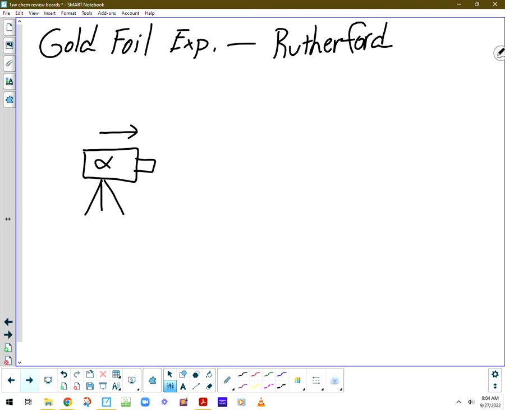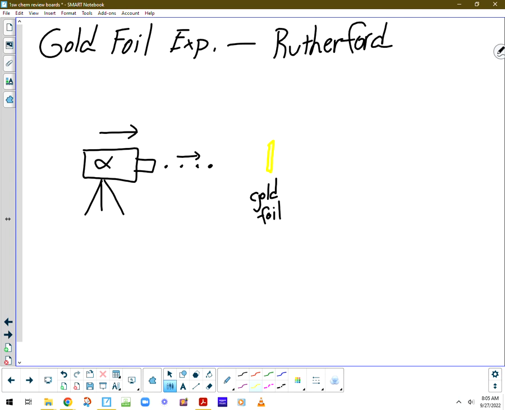This little stream of alpha particles was flying toward a little thin sheet of gold foil. They used gold because gold is very dense, like you saw in the video yesterday, and because it's a metal, you can hammer it out to where it's super, super thin. It can be only a few atoms wide.